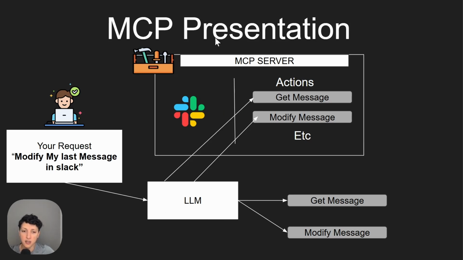This tool set is full of MCP servers, but in our example we just gave one MCP server, which is the Slack MCP server. So it will find that there is a Slack MCP server and try to use it. By trying to use it, it will check the actions that it has available for that MCP server, get message and modify message in our example. So it will get that message, modify the message, and do those actions.